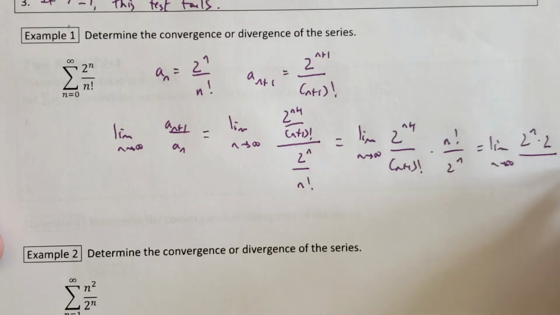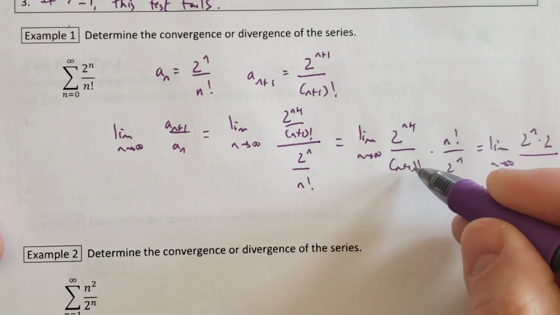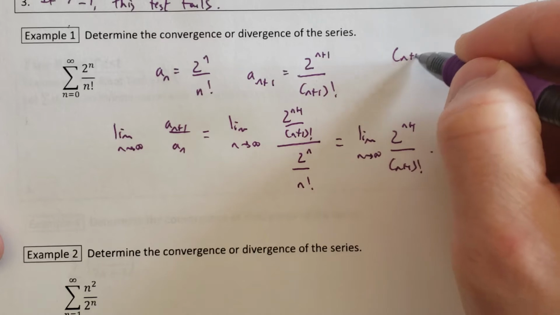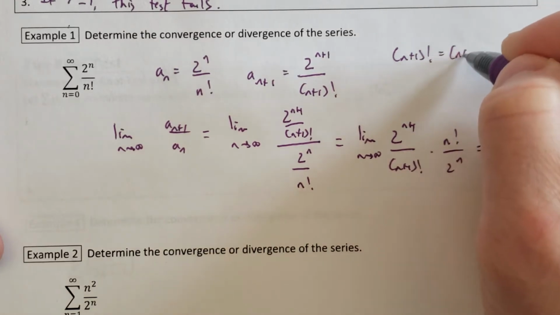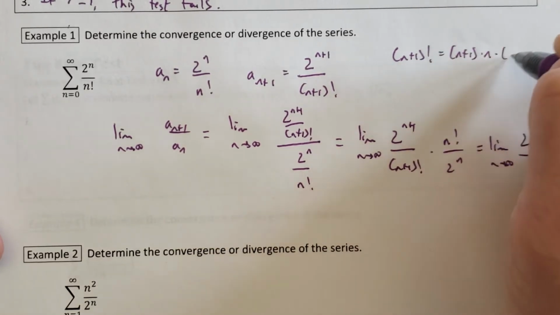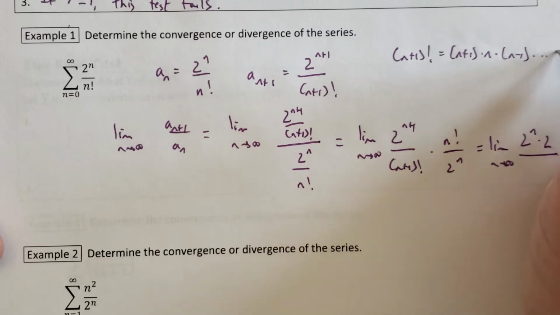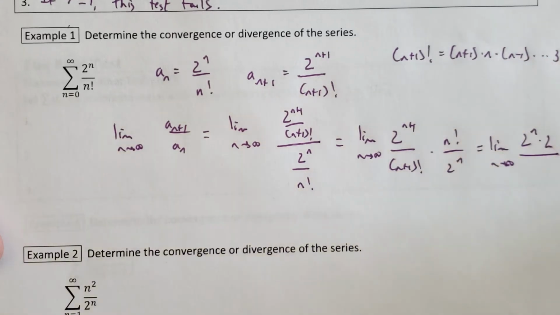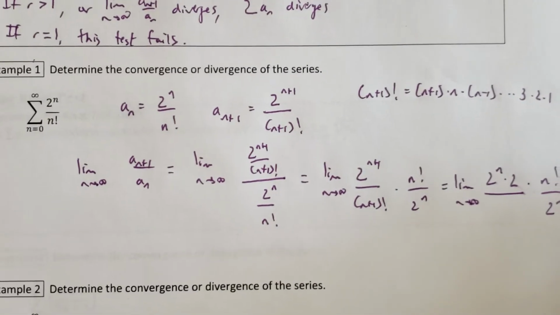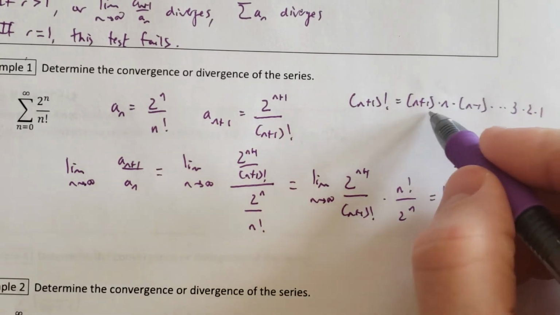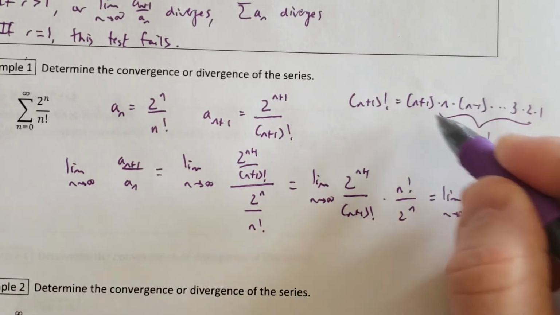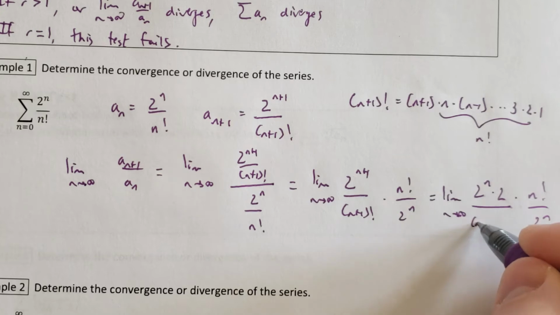N factorial over 2 to the n. And then n plus 1 factorial is n plus 1 times n minus 1 times etc. all the way down to 3 times 2 times 1. And so that is really n plus 1 times n factorial.